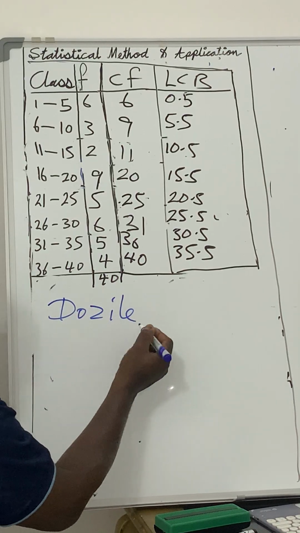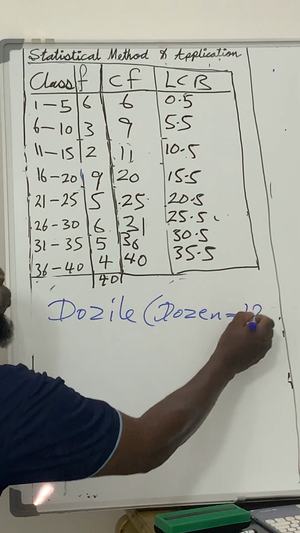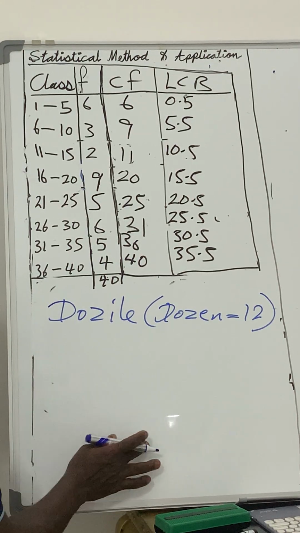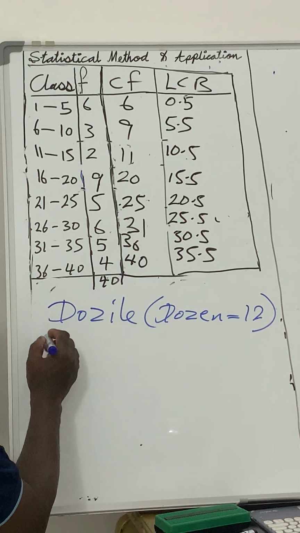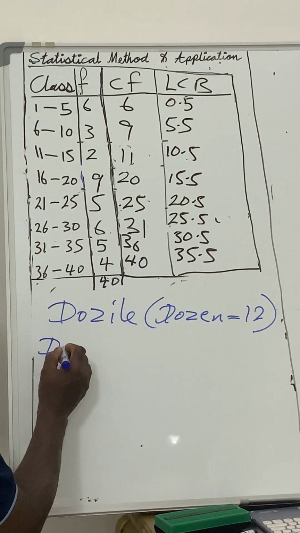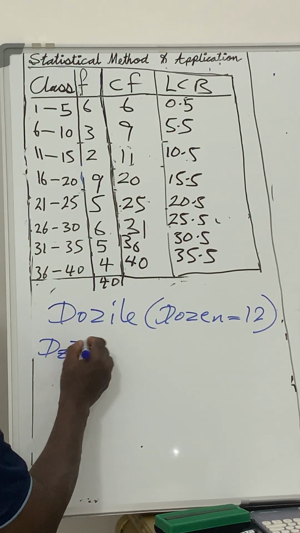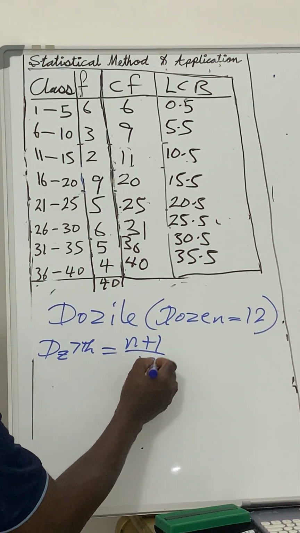Dozile means dozen, which is equal to 12. Anything divided by 12. So you go for the position. We can pick any one. Let's say 7 Dozile. The 7th position is the same thing as n plus 1 over 12.